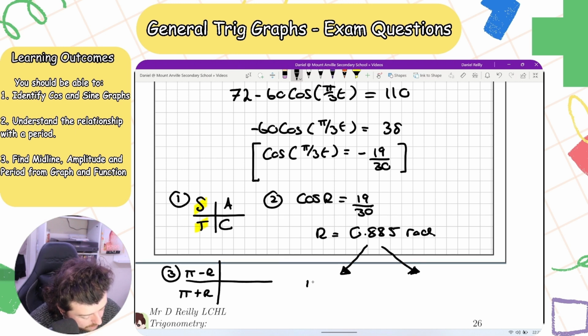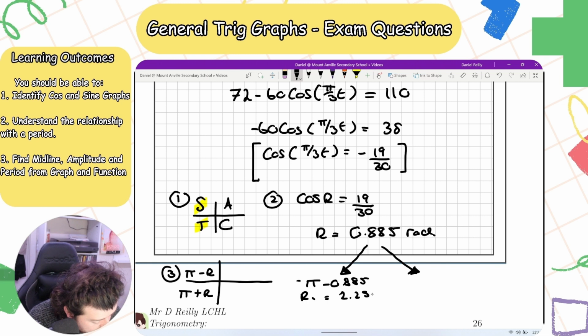So I'm going to have pi minus 0.885. So my first angle is going to be 2.257 radians, and my second angle is going to be 4.027 radians.